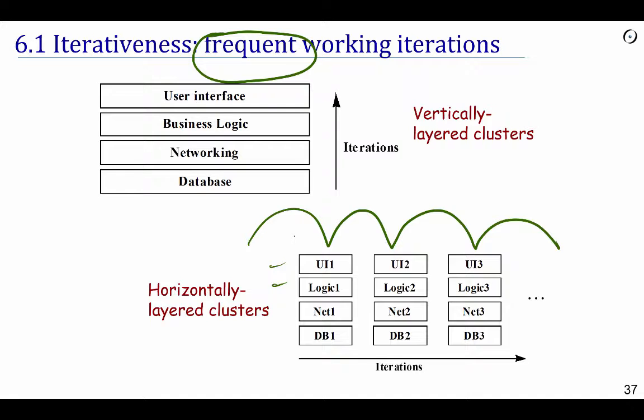Now the emphasis here is on frequent iterations. In the early days of Agile, people were saying something like a few weeks to a couple of months. A couple of months is really the upper bound. Typically, Agile projects use 2 to 4 weeks, I should say 2 to 6 weeks as their standard.